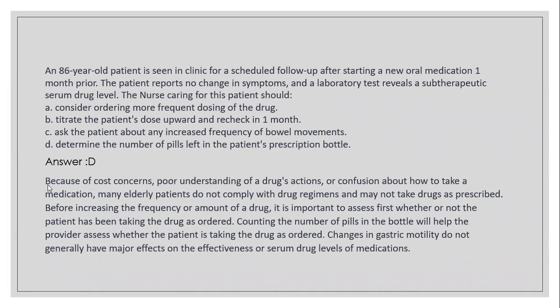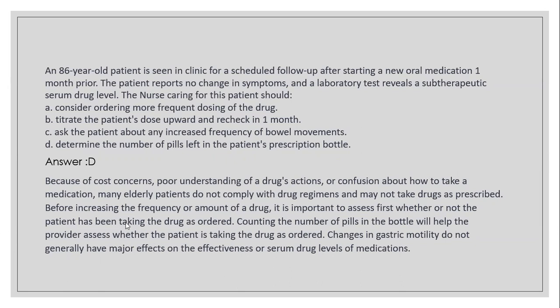The explanation: because of cost concerns, poor understanding of a drug's action, or confusion about how to take a medication, many elderly patients do not comply with the drug regimen and may not take drugs as prescribed. Before increasing the frequency or amount of a drug, it is important to assess whether or not the patient has been taking the drugs as ordered.